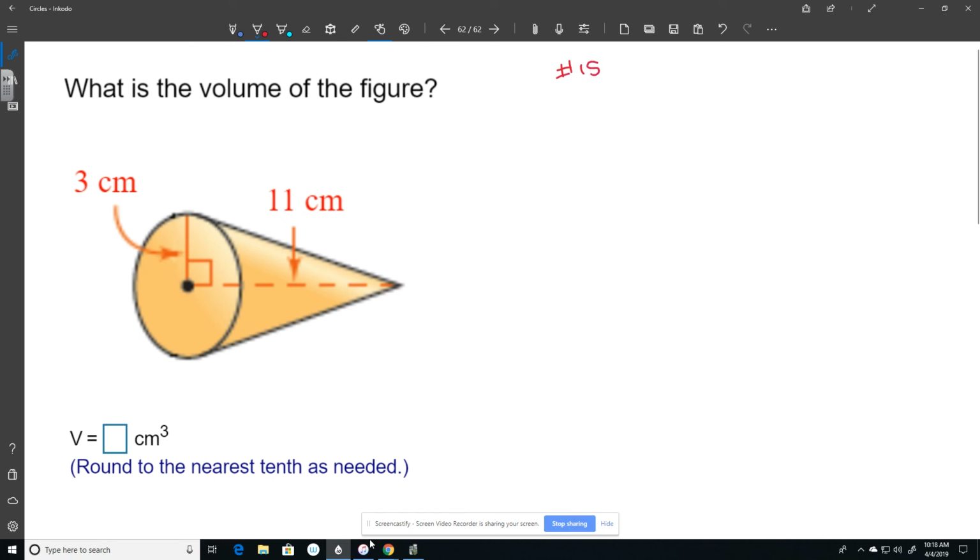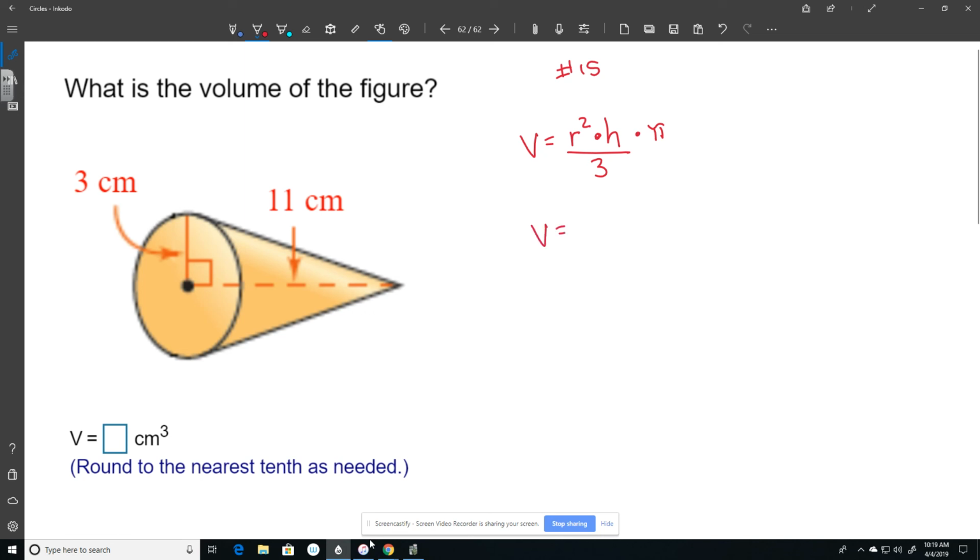Okay, number 15, our new shape this year. Find the volume of the cone. And that formula for the volume of a cone, remember, you take r squared times the height of the cone, and technically you times pi as well. And then you divide that by 3. So we just need to find the pieces that we know.